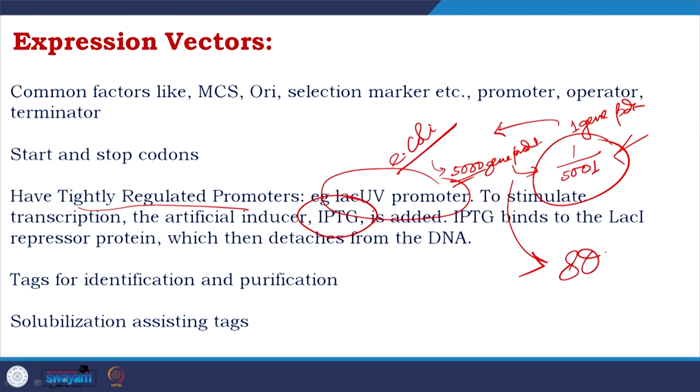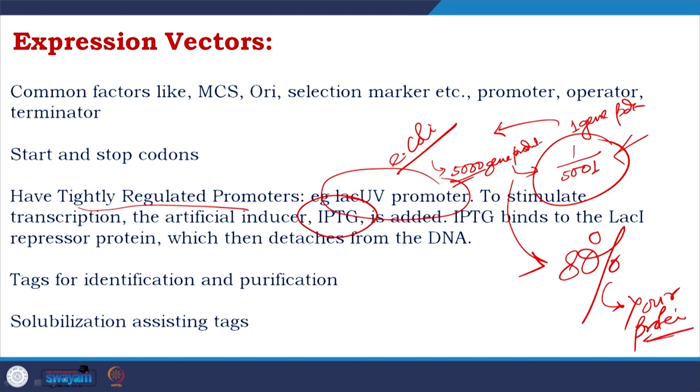So, once it sits on the lac operon, it constitutively pushes the operon to produce the protein it is induced with. So, you have already designed it, you have already put your protein's gene sequence there. So, that would be constitutively produced, and generally you get 80% of the total mass being your protein.